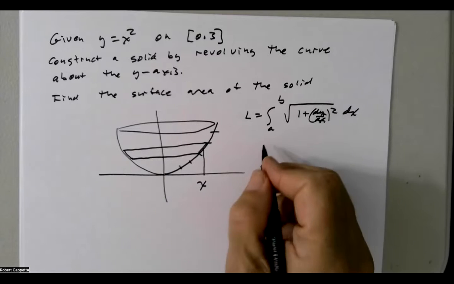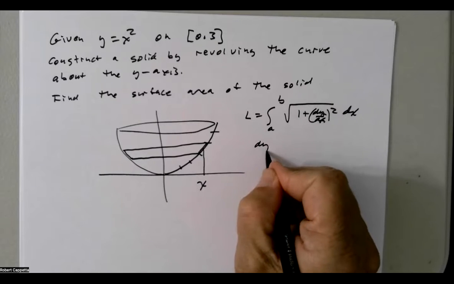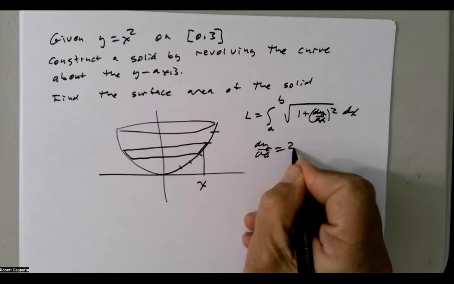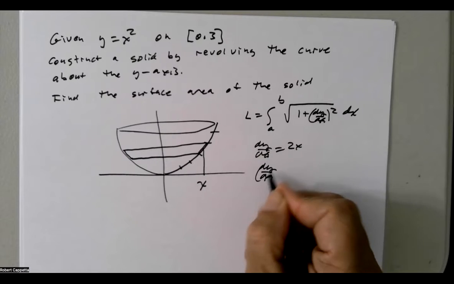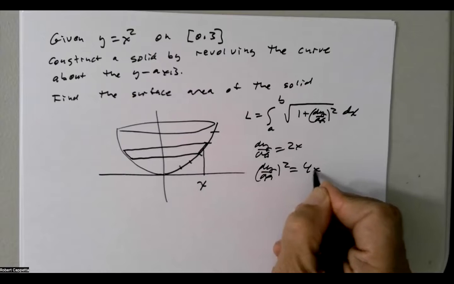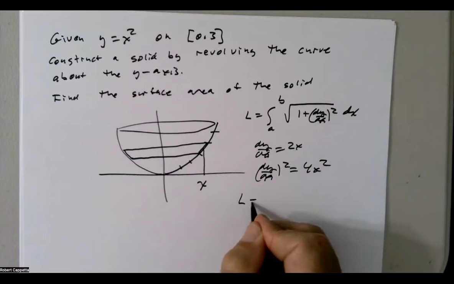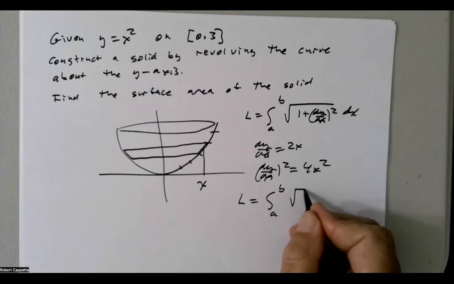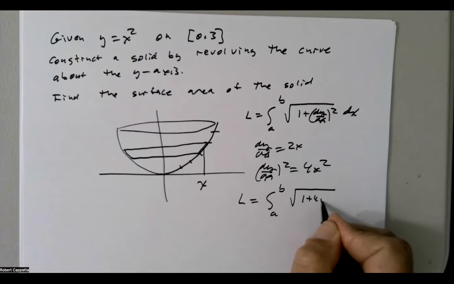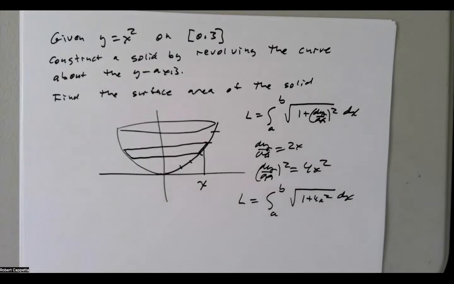So knowing that, the arc length portion will be what? dy/dx is 2x, so dy/dx squared is 4x squared. So my arc length is still going to be the integral from a to b of the square root of 1 plus 4x squared dx. We'll figure out our endpoints later.